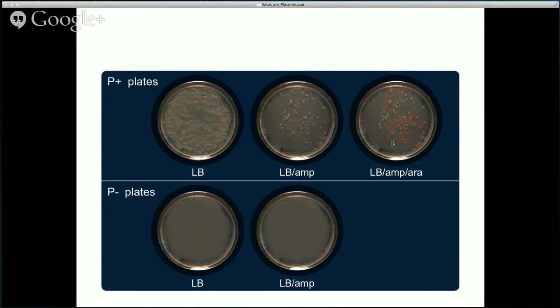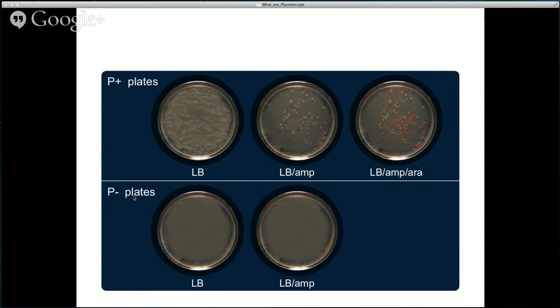So you have 2 things happening by random chance. We're hoping that some green fluorescent protein or red fluorescent protein will get into the P-Ara, and then we're hoping that that P-Ara will get into the bacteria. For the plasmids that did not get the red fluorescent protein, they still have the ampicillin-resistant gene. That's why we see a mixture of red and white.